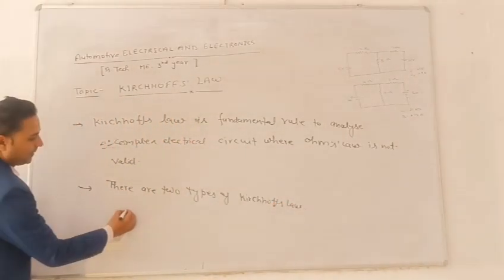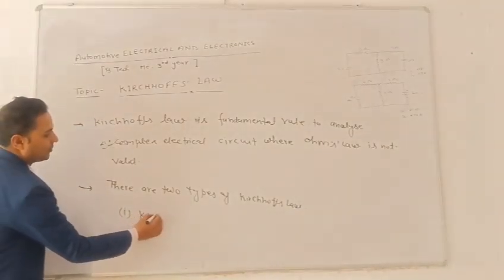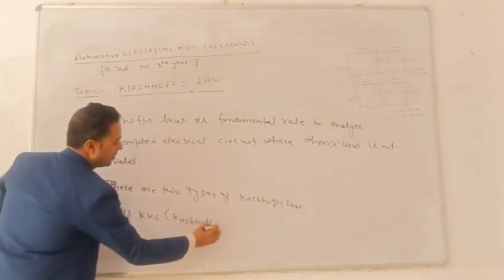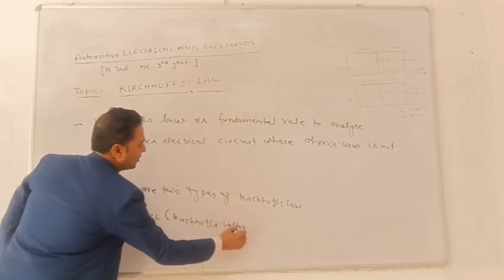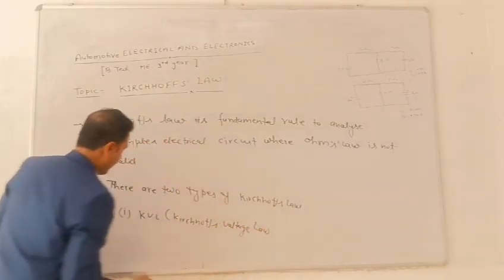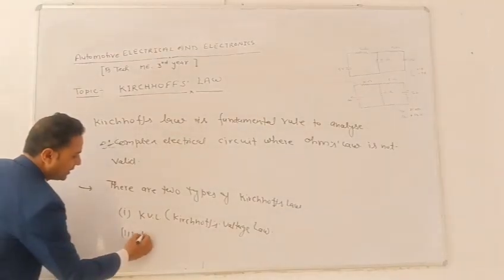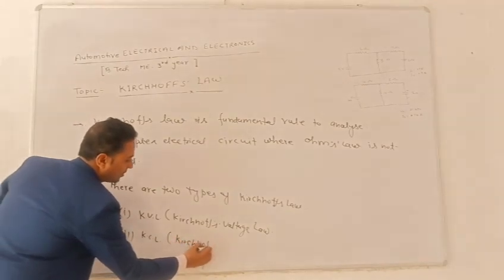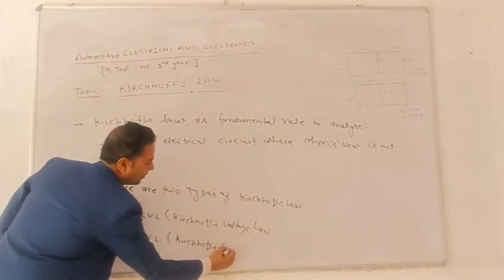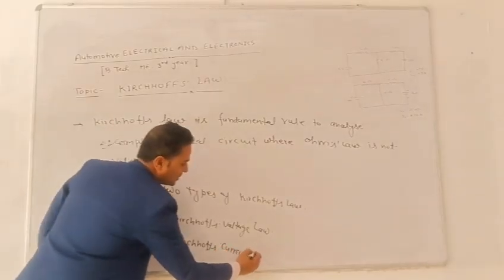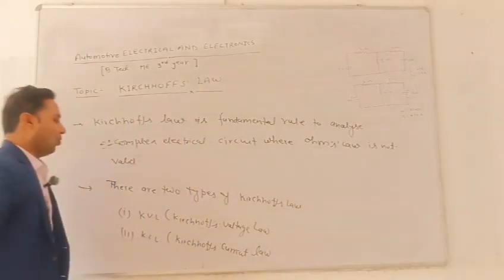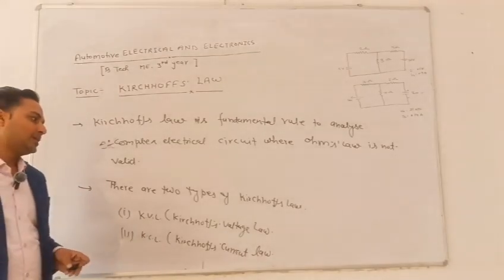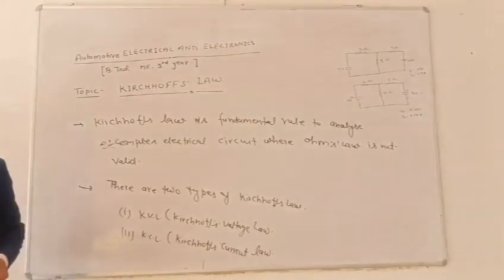First one is KVL, meaning Kirchhoff's voltage law, and second one is KCL, Kirchhoff's current law. So firstly we will discuss KVL, Kirchhoff's voltage law.